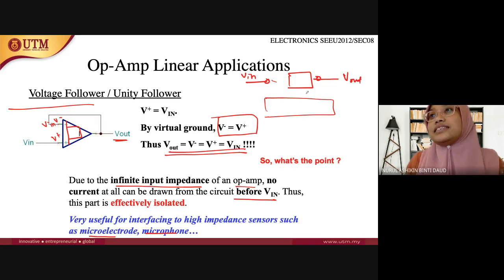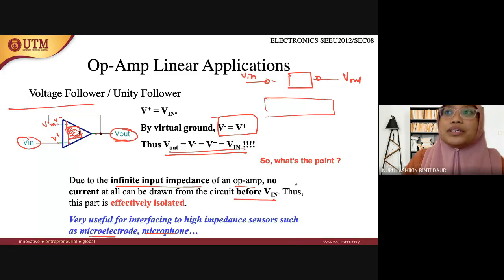So kalau tengok kat sini, it's actually two separate parts because current cannot flow inside at all. It will separate these two parts, but the value is still the same at the output.